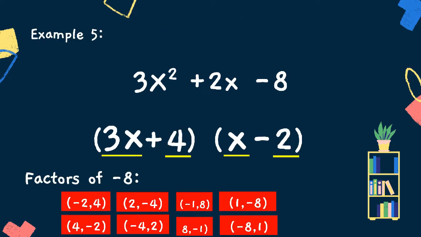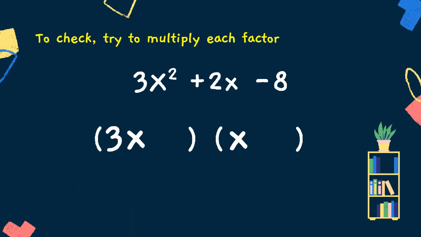So we can say that these two factors are not the factors that we are looking for. So we will try again. This time, positive 2 and negative 4. So we will do the same thing.